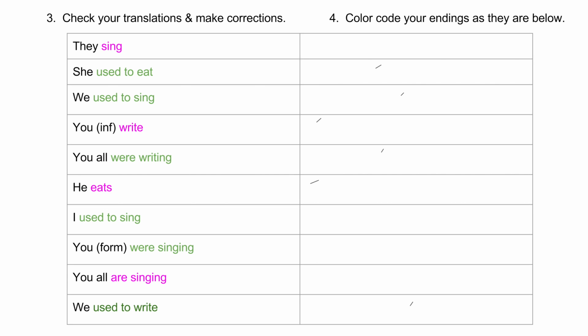Okay, let's check your translations and let's make some corrections. Okay, they sing. I hope you got ellos cantan. If you didn't write ellos, that's okay. I probably, on all of these, I put pronouns. She used to eat. Ella comía. We used to sing. Nosotros cantábamos. You write, now that's the informal you.